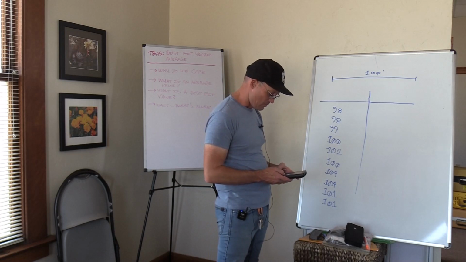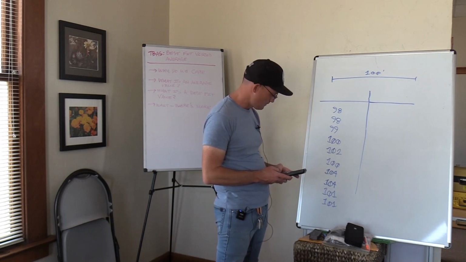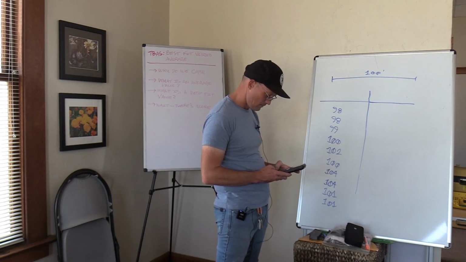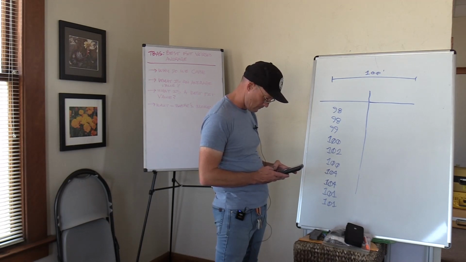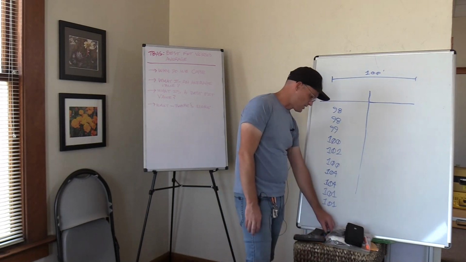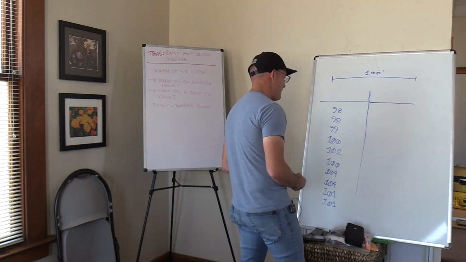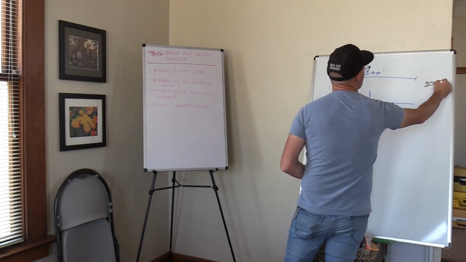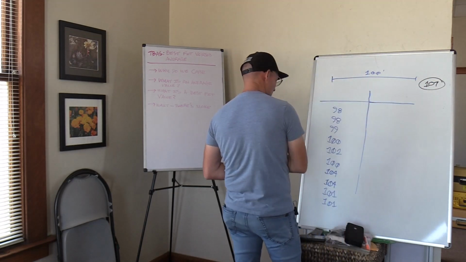All right, so let me add these up real quick. Okay, so I've got 1007 now is, I'm sorry, yeah, 1007 was my sum. So my average of those measurements would be 107 if we divide by 10.